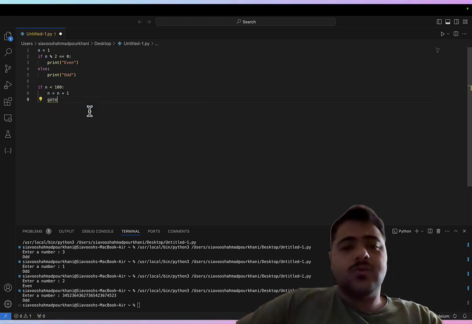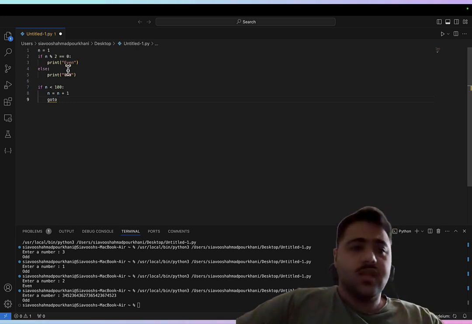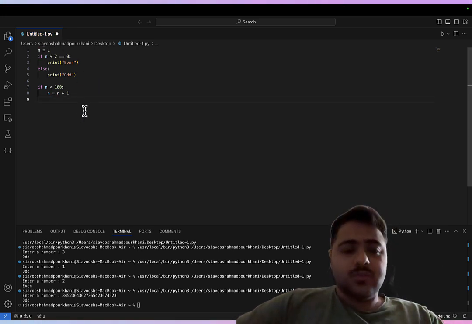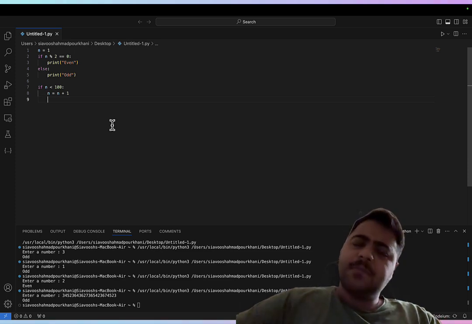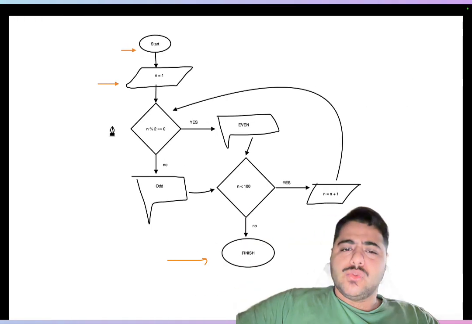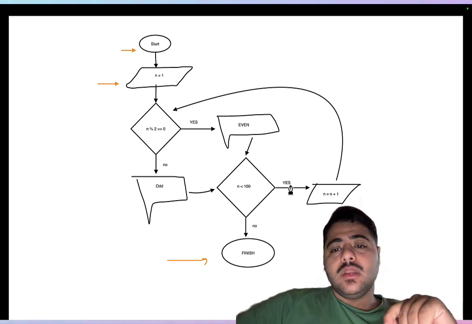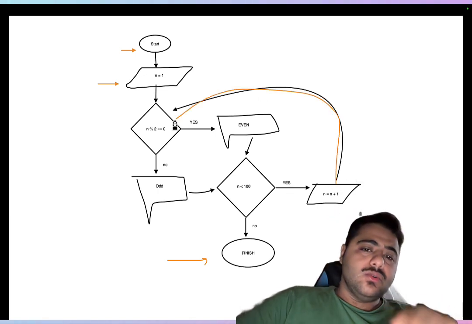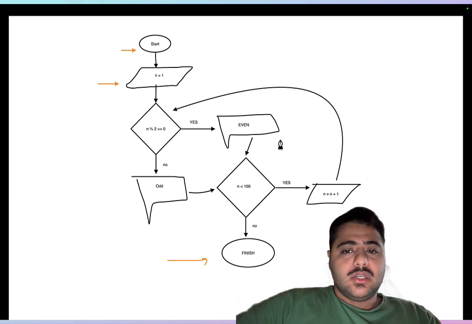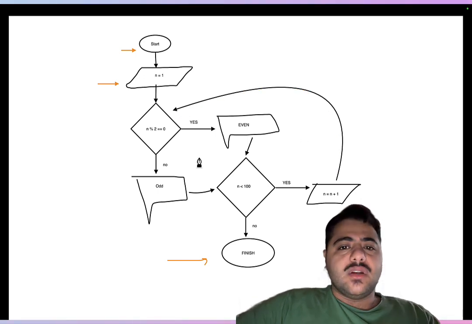It says go to somewhere like that, but go to is not a command in Python. So what's the solution here? How could I get back? We cannot just say go to this line, because there is no command for it.